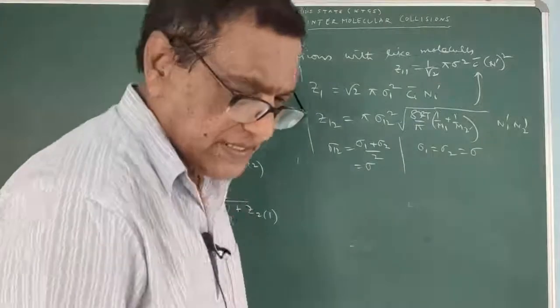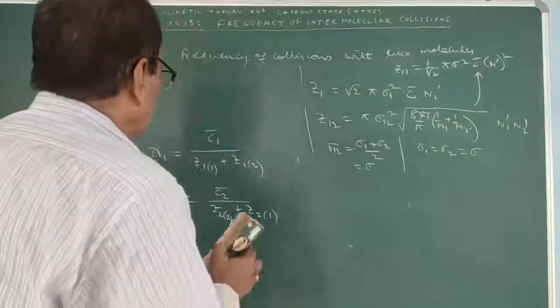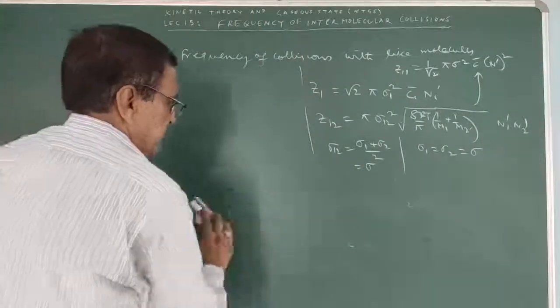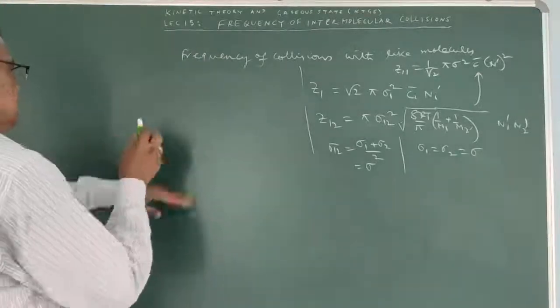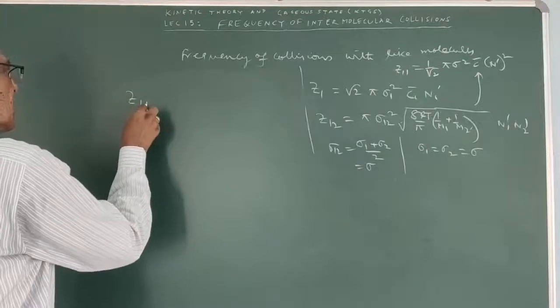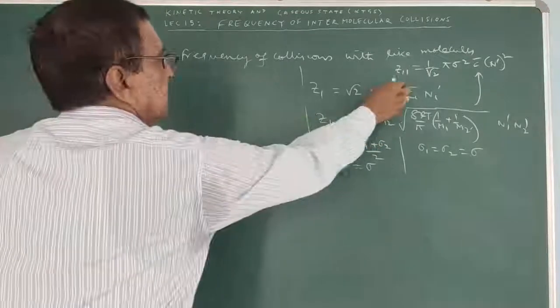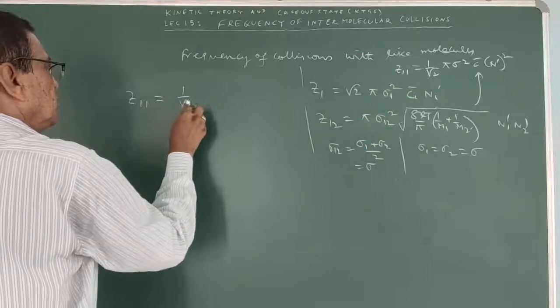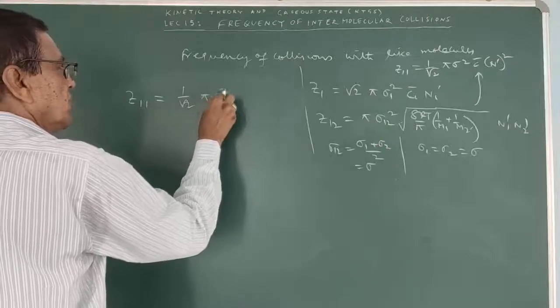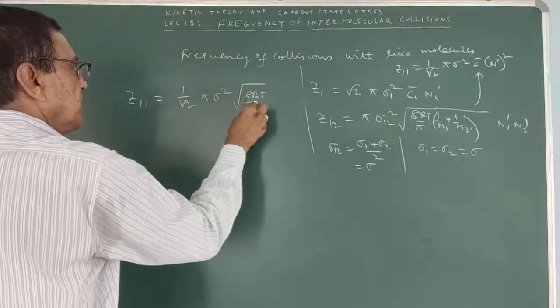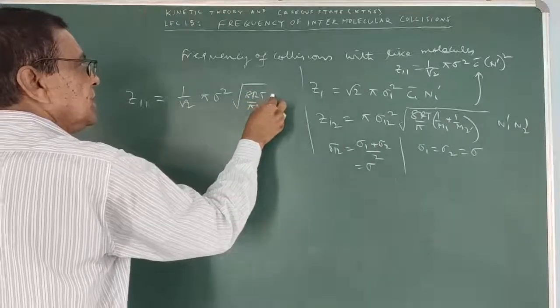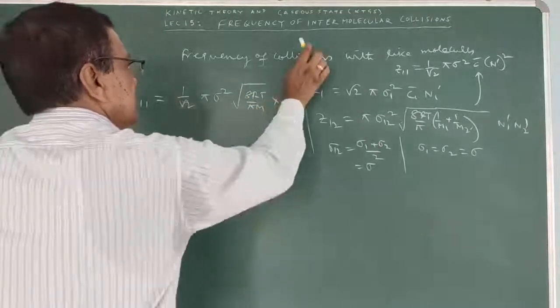Next I would like to say what would be the effect of temperature and pressure. Say Z11 equals 1 by root 2 pi sigma square C bar, where C bar is root over 8RT by pi m, times n dash.